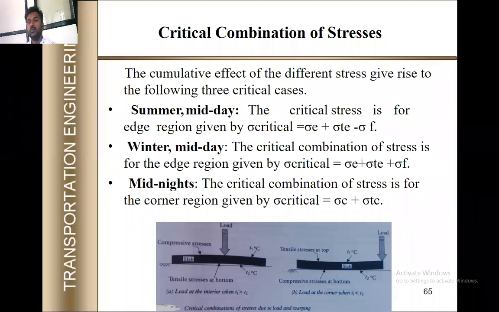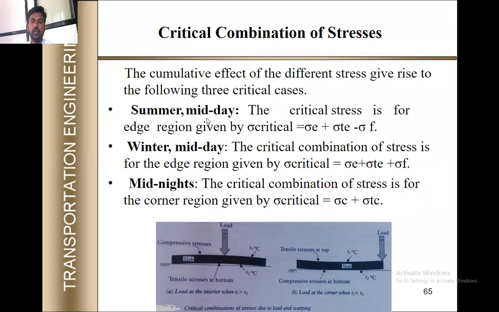Please see, the cumulative effect of the different stresses gives rise to the following three critical conditions. If you take the cumulative different kinds of stresses and mix them up, what will be the critical combinations? They have derived three critical combinations. The first one is in the summer at midday.